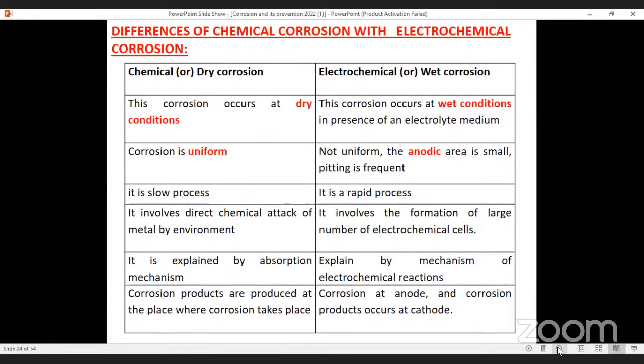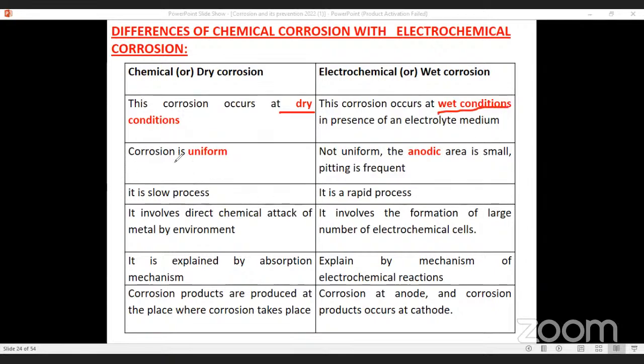We can write a small table which differentiates them. Dry corrosion means the corrosion takes place in dry conditions only, whereas here it is wet conditions.